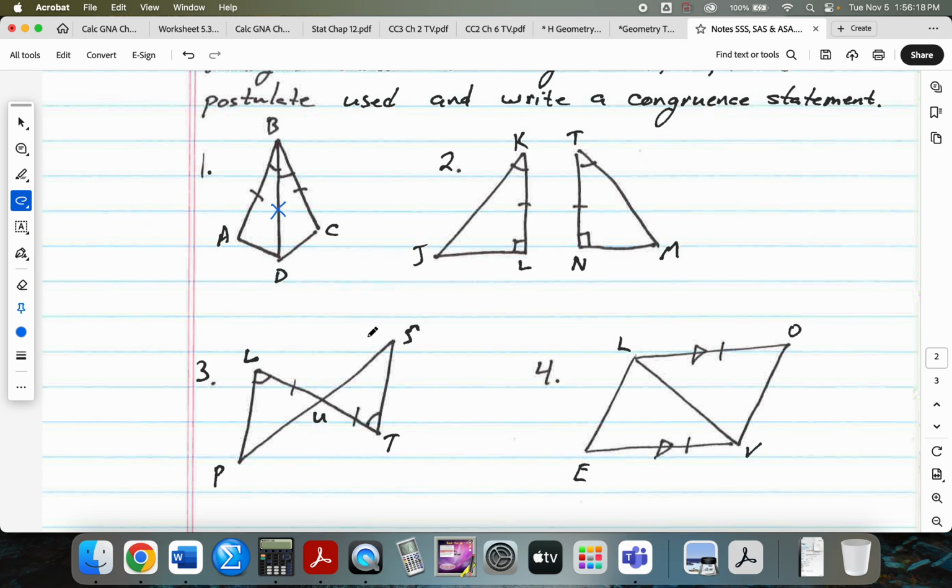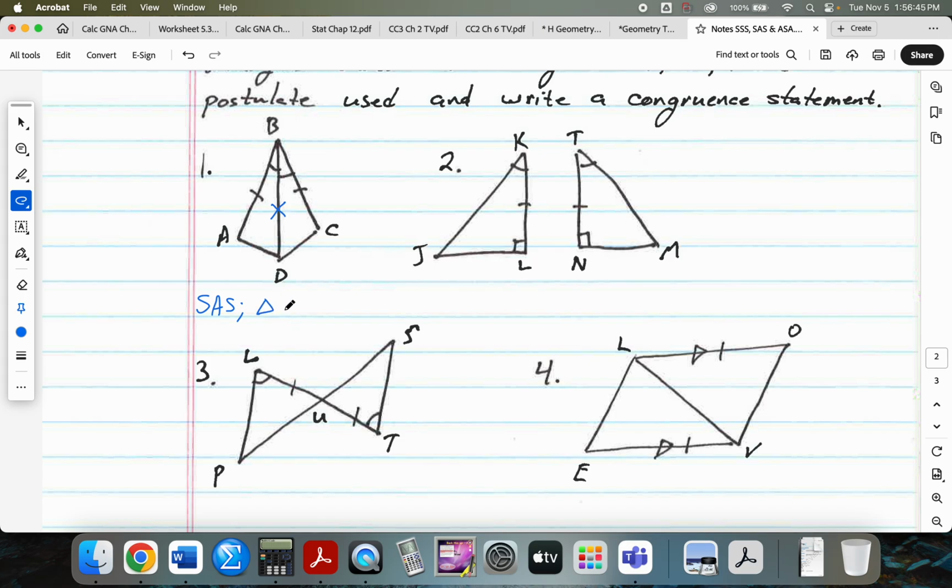So now if I look at one triangle, just the triangle on the left, how many sides are marked in some way? Two. And how many angles? One. And is this angle in between the two sides or not? It's in between. So this is side, angle, side.